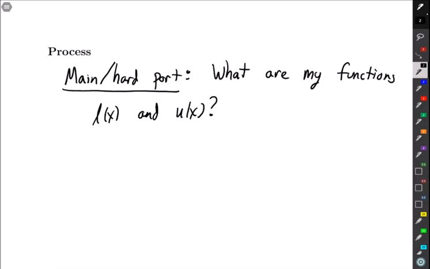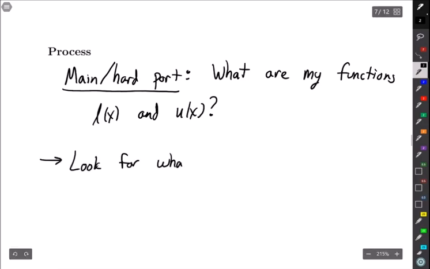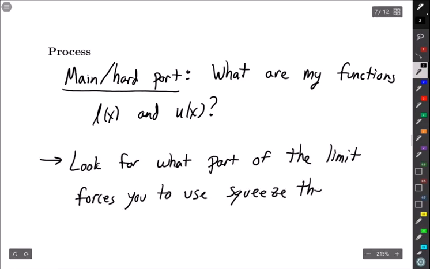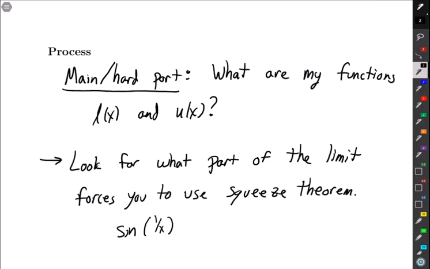A general trick here, which is probably the way you want to approach these, is look for which part of this goes wrong, right? What part of this limit doesn't exist to make you be forced to use squeeze theorem? So in this last case, we had the sine of 1 over x term. In other problems, could be anything else, but what you're looking for is a limit that doesn't exist.